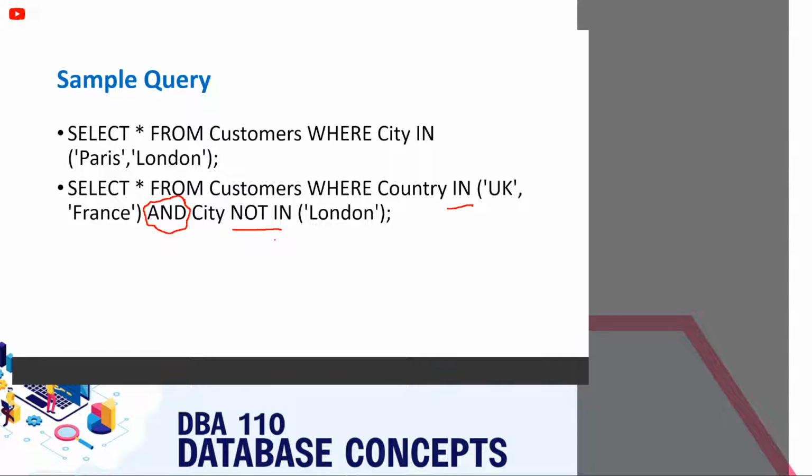is that the city in the city column should not be London. This is where it gets a little bit tricky, this whole idea of not in, because we're looking for it in relation to this set of data. It's not in this set.